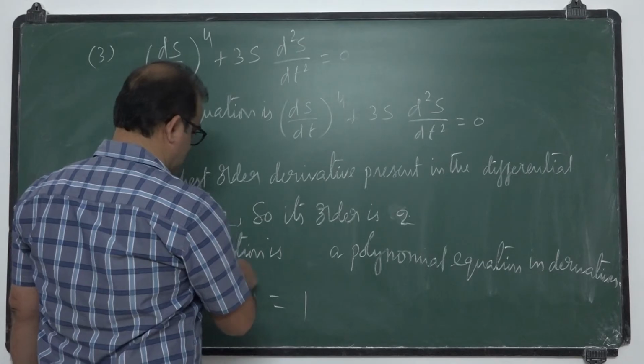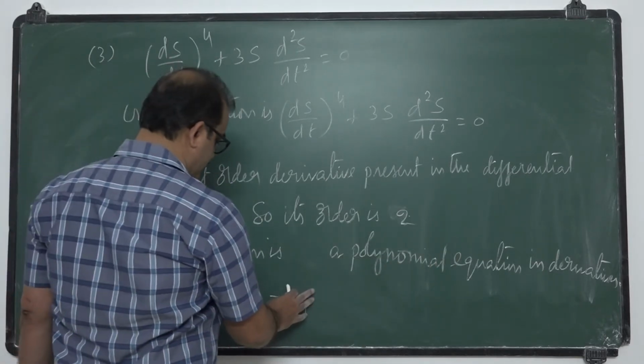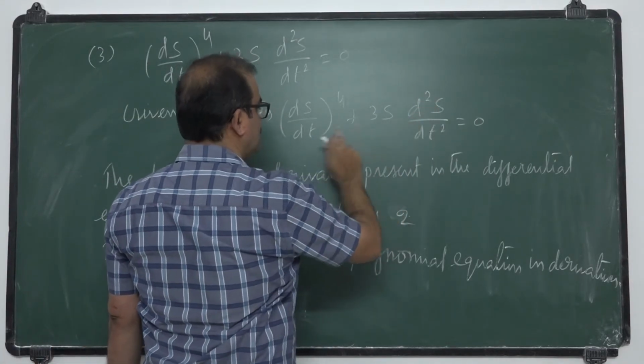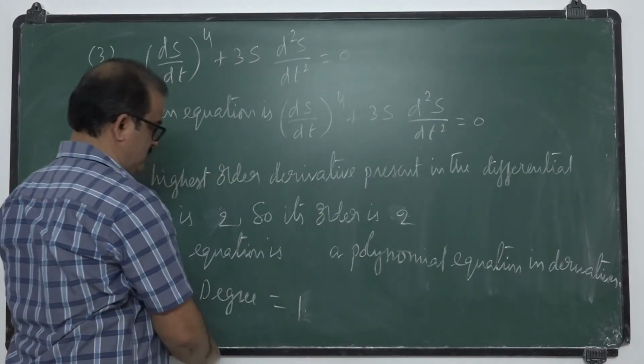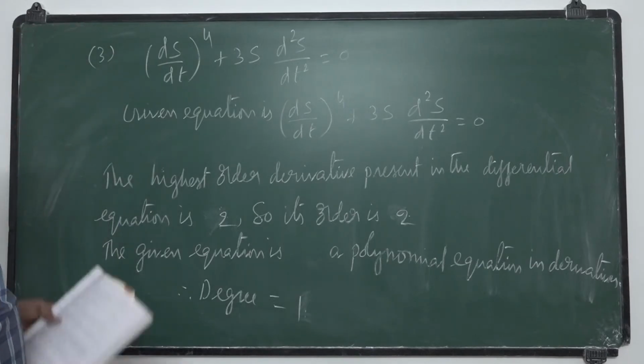And moreover, the given equation is a polynomial equation in derivatives. Now degree. What is the power of the highest order? Here the highest order is second order, and its power is 1. So order 2 and degree 1.